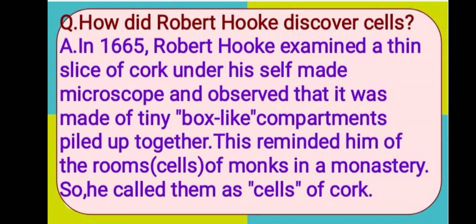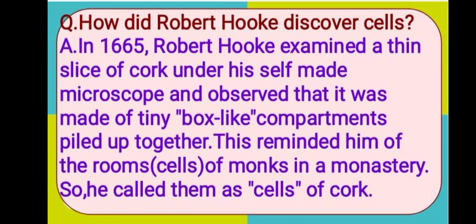Another question is, how did Robert Hooke discover cells? Now we all know that in 1665, Robert Hooke examined a thin slice of cork under his self-made microscope and observed that it was made of tiny box-like compartments piled up together.